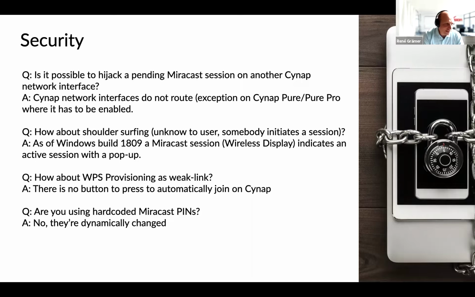The answer is no. On Cynap and Cynap Core, there is no routing. On Cynap Pure and Cynap Pure Pro, routing is enabled, but not on Miracast. So you won't be able to open up the connection and connect back to your PC if you do not activate the Pure routing.